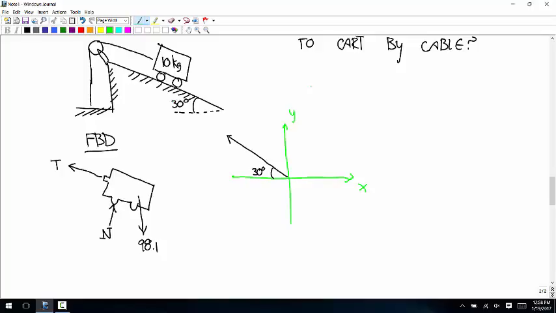I'm just reading that directly off the picture. And then we know that the normal force is perpendicular to this vector I just drew. It's perpendicular to the surface. We know this is a right angle.